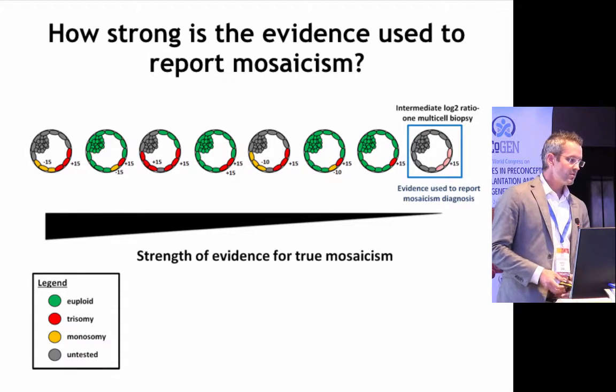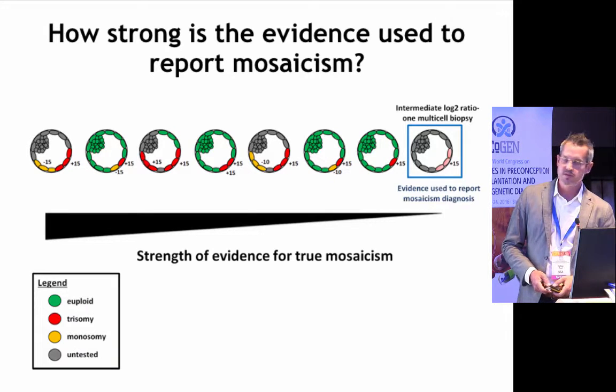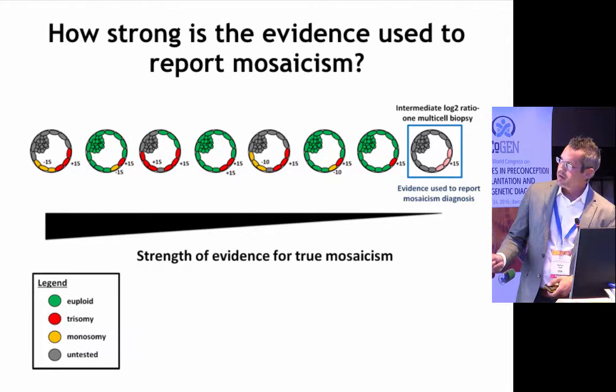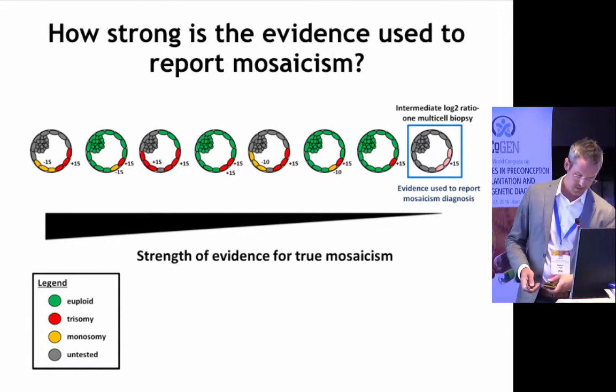And I also wanted to bring up this point with respect to how we are classifying embryos as mosaic. When you are able to dissociate the entire embryo, it's a little easier to develop more rigorous criteria. For example, seeing reciprocal aneuploidy here, monosomy of 15 and trisomy of 15 in the same embryo. This is probably the strongest evidence for actually having mosaicism in the embryo.